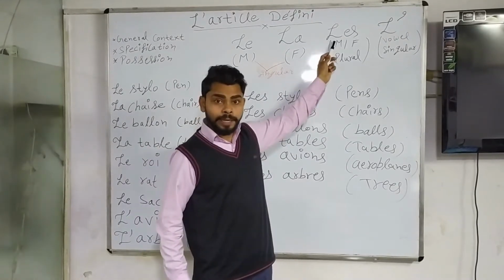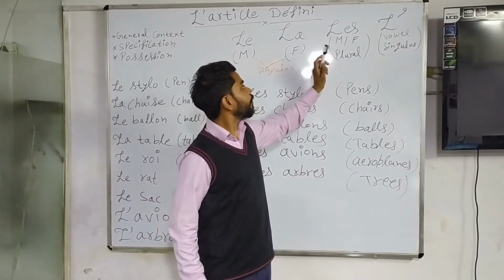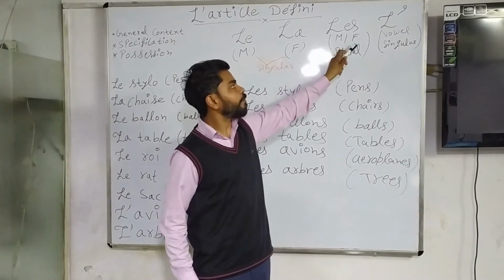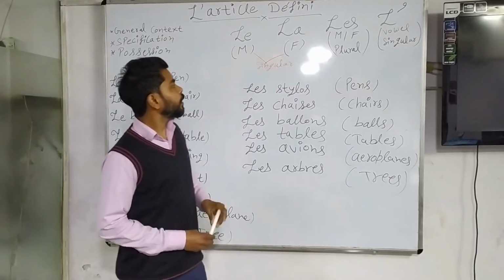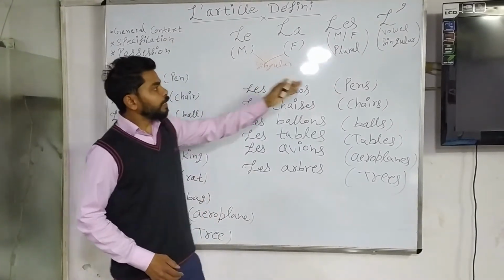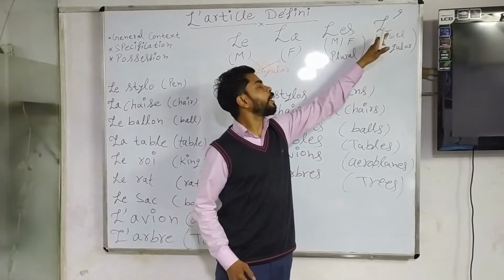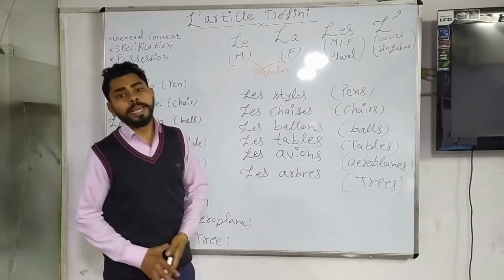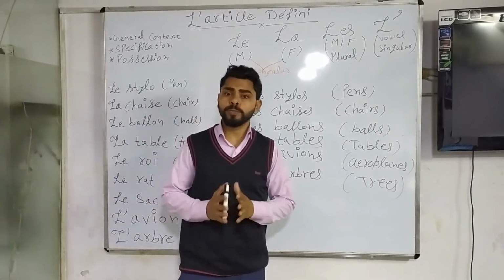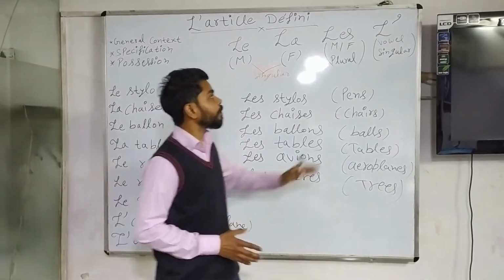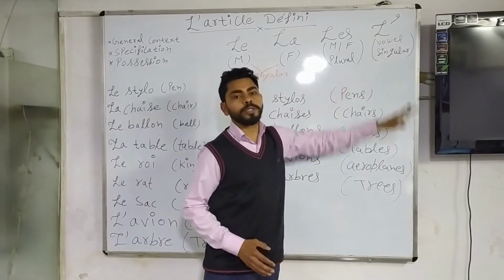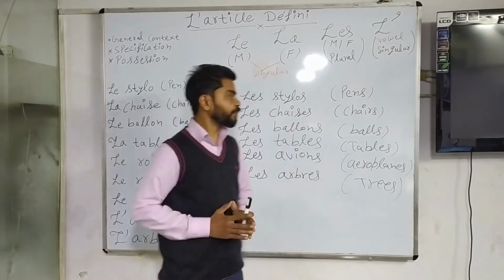Then we have les. Les is both masculine and feminine for plural. And then we have l' with apostrophe, which means whenever we have a noun which starts with a vowel, then we will be using l' with apostrophe, but for the singular ones only.